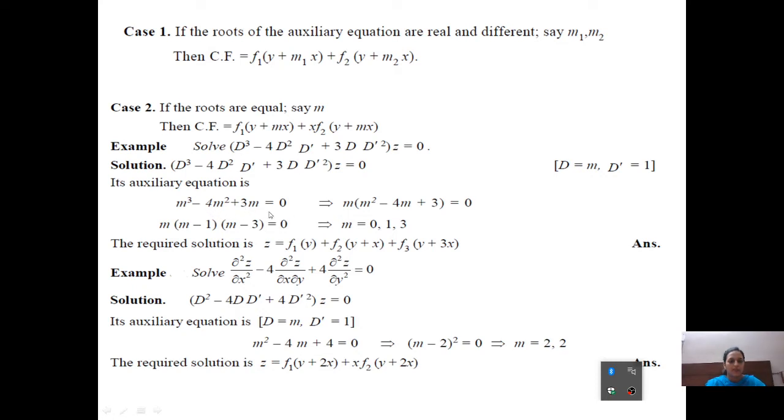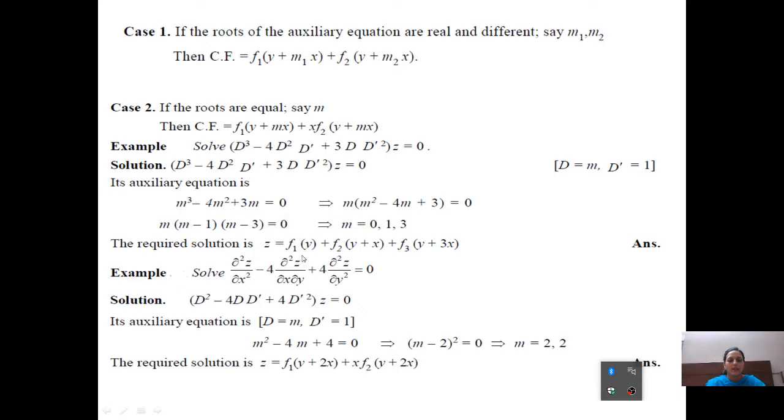So this kind of equation we will obtain. A general equation may be quadratic or cubic in m. We will simply factorize this equation and obtain roots. For example, in this question, after solving this equation, we obtain roots as 0, 1 and 3.